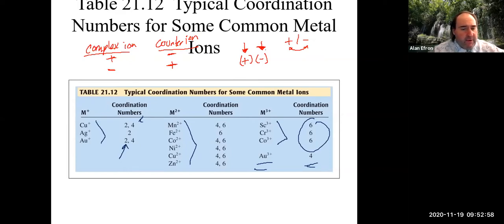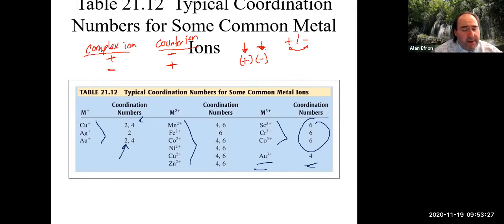We touched upon some other pieces of information about complex ions. We have those ligands, and they can be monodentate, bidentate, or polydentate. As we talked about last time, that means certain ligands have the ability to bind to the metal in more than one place per molecule.